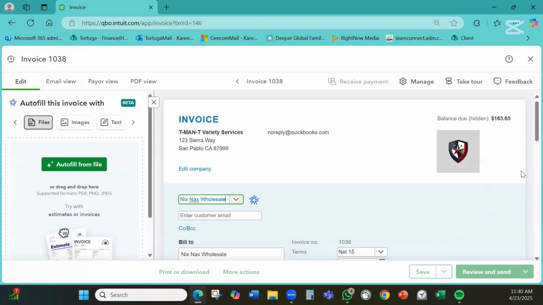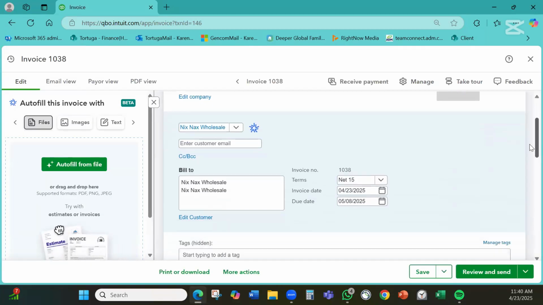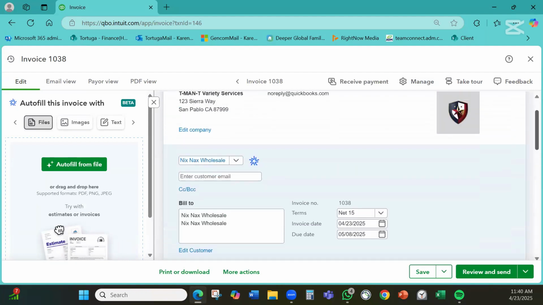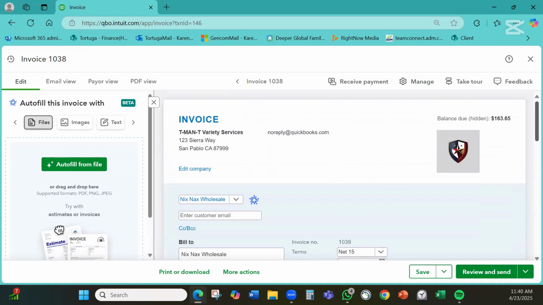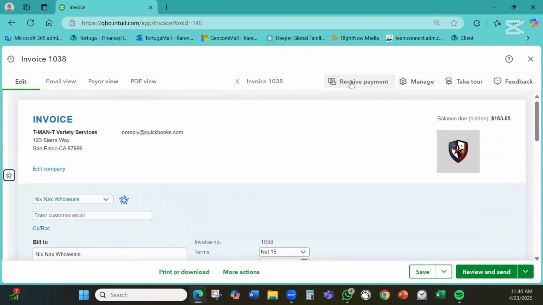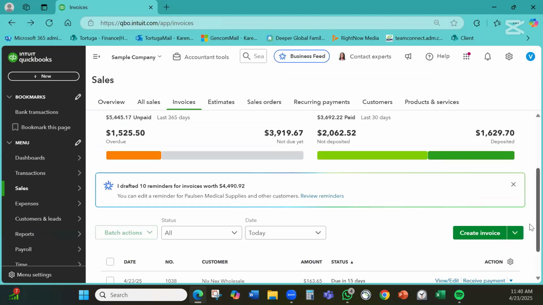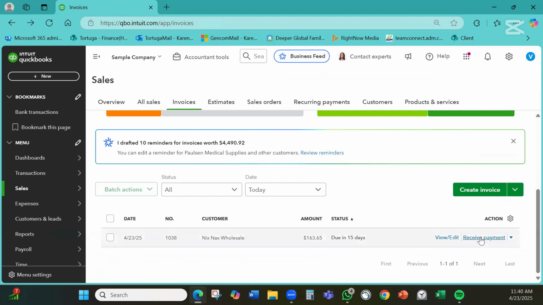When you view the invoice, you make sure everything is okay, right? At the top of it here, you will see receive payment. So you can go here and receive payment, or you can go to the front where we were, right here, and receive payment. It will take you to the same place.